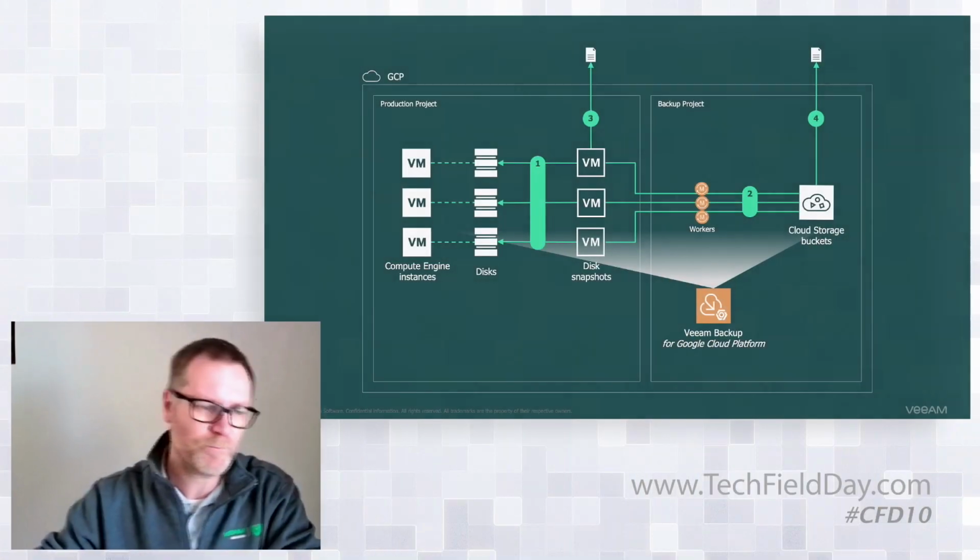From a recovery perspective, it's exactly the same as in AWS and Azure. You can do instance recoveries in or out of place from snapshots or from your backups in object storage, and you can do file level recovery from snapshots or from those backups in object storage.